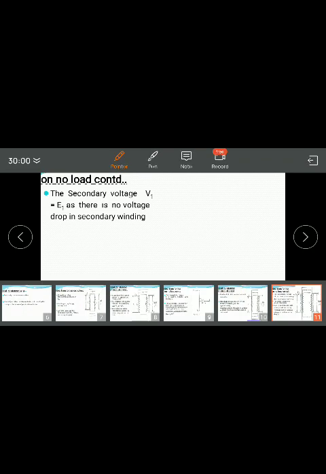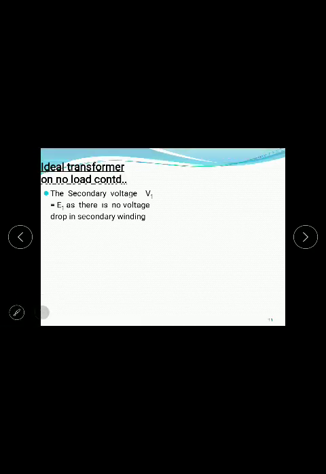As there is no voltage drop in the secondary winding, the secondary voltage here is nothing but V2, and this is also V2. The phasor diagram is shown on the left.